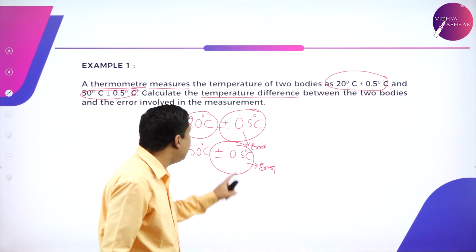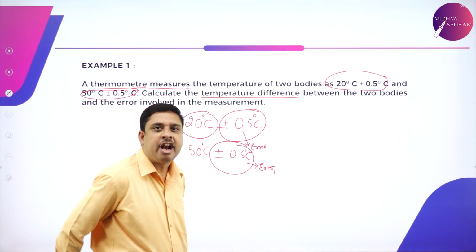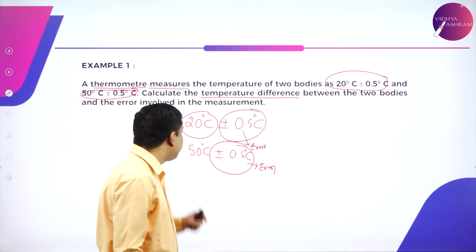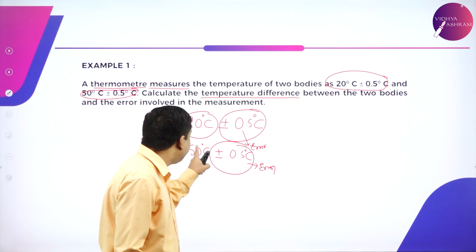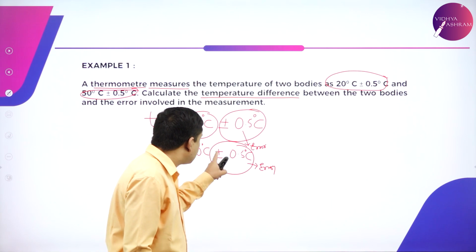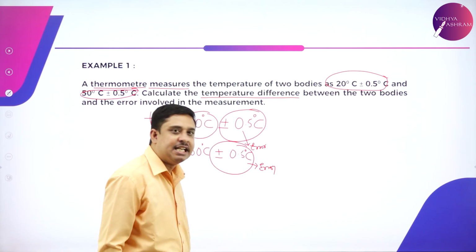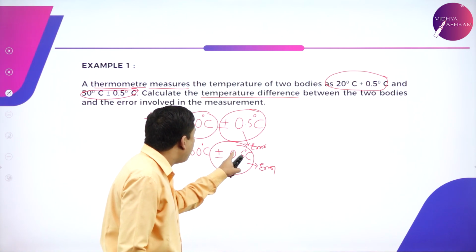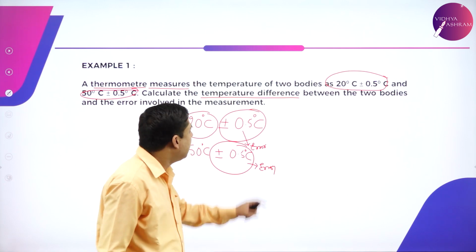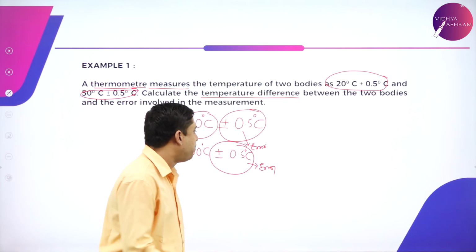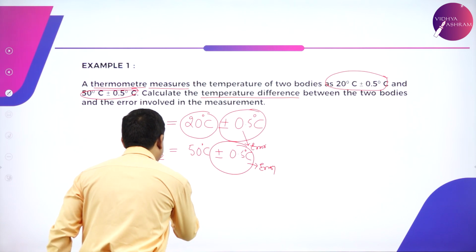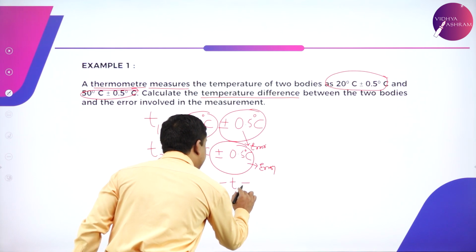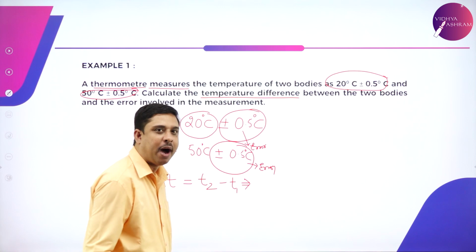So how much is the error? Plus or minus 0.5 degrees Celsius in the first case. Second case T2, 50 degrees Celsius plus or minus 0.5 degrees Celsius, where again the error is plus or minus 0.5 degrees Celsius. I have to find the temperature difference. So I say delta T is the temperature difference, which is T2 minus T1.